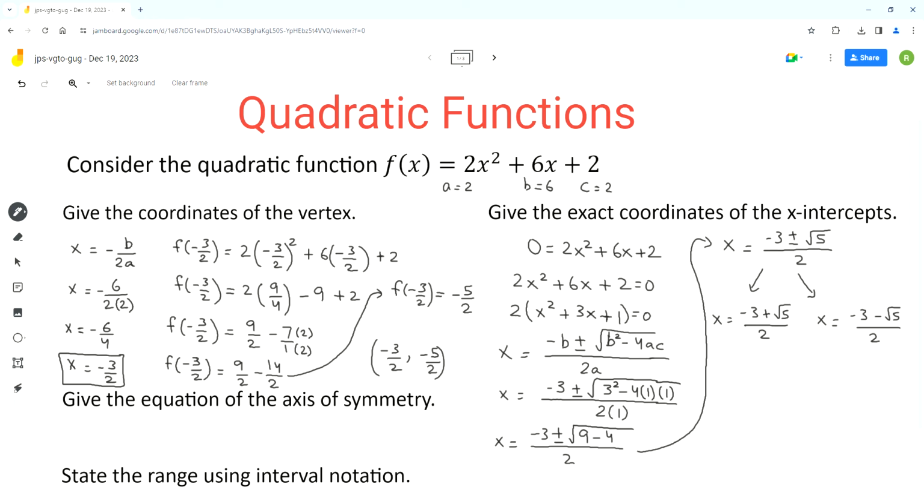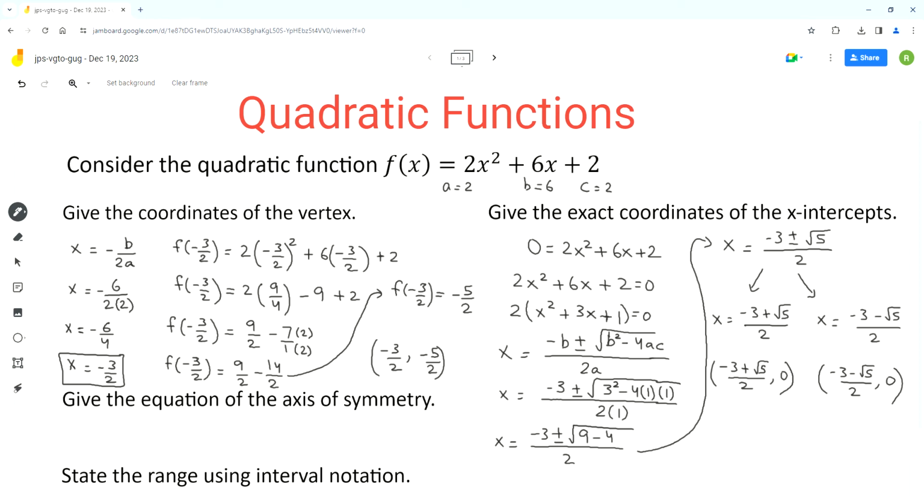The x-intercepts can be written as ordered pairs, or just as these two values. As ordered pairs, it will be negative 3 plus square root 5 over 2 comma 0, and the other x-intercept will be negative 3 minus square root of 5 over 2 comma 0. So now we have answered the second part.